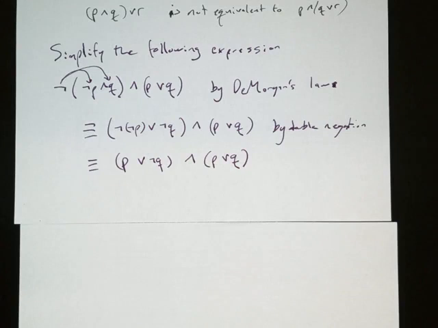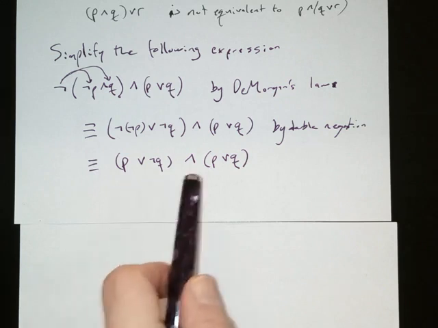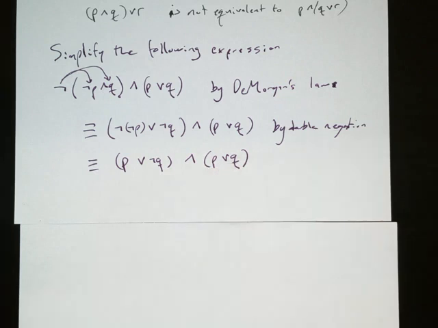Now what do I do? Again, I like to think algebra here. Inside both sets of parentheses, the first part is P or. P or thing, P or thing. Let's see if one of my rules allows me to do that.